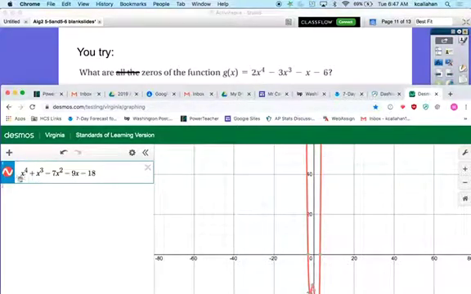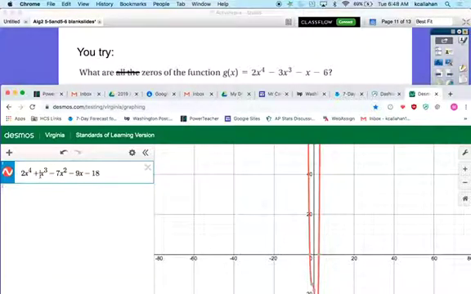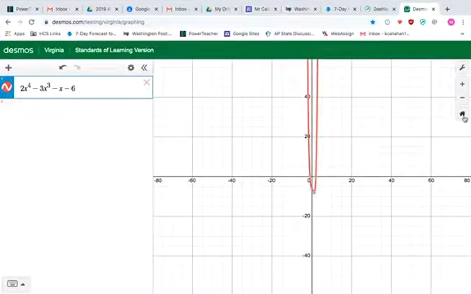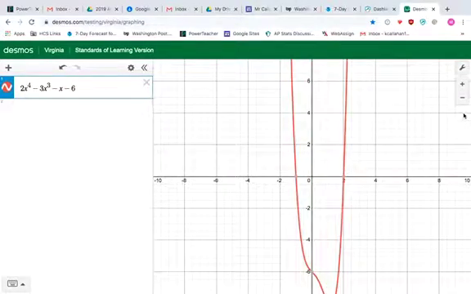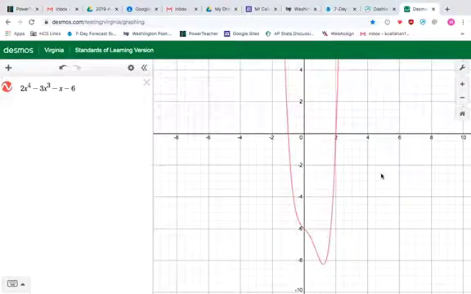So we have 2x to the 4th minus 3x to the 3rd minus x minus 6. Does that look good? Pretty much. Let me bring that up. Let me hit the house to make it go back to the normal resolution. And maybe I'll scoot it up just so I can see what's going on.